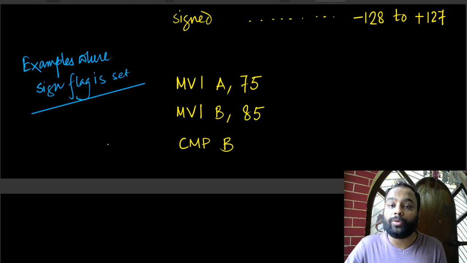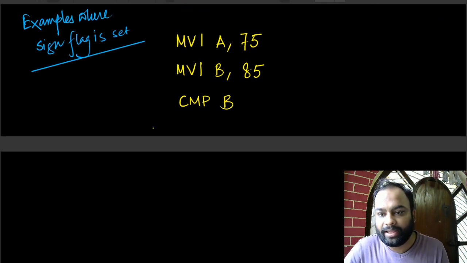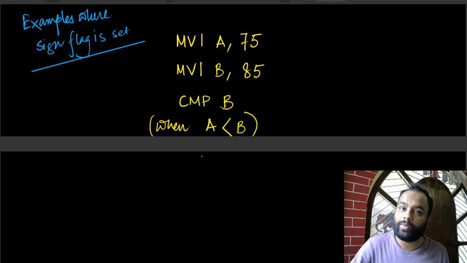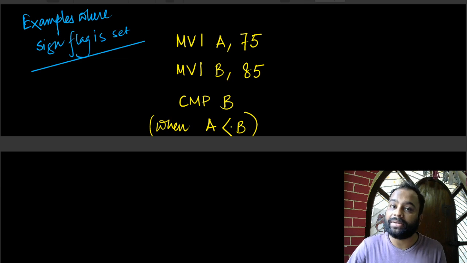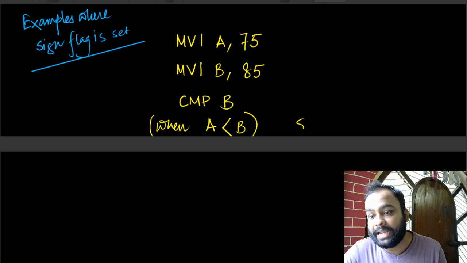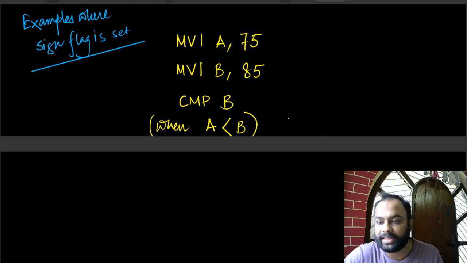Now, of course, the result will be 0 and the zero flag will be set if these two numbers are identical. But what if B is larger than A? When content of A is smaller than content of B, the result is apparently a negative number, right? So the sign flag would be set.